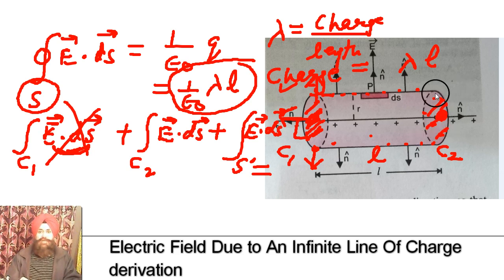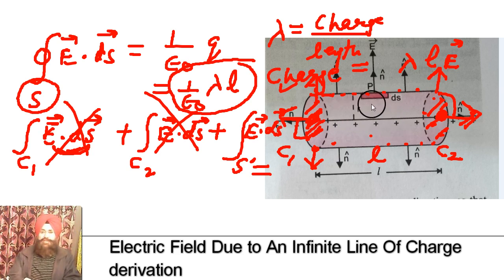Similarly for this cap, E is along this side, the area is along this side, the angle is 90. E is along the y direction and the area is outward, the angle is 90. So this contribution is 0. We are left with only one curved surface where E and area are both along the same direction.